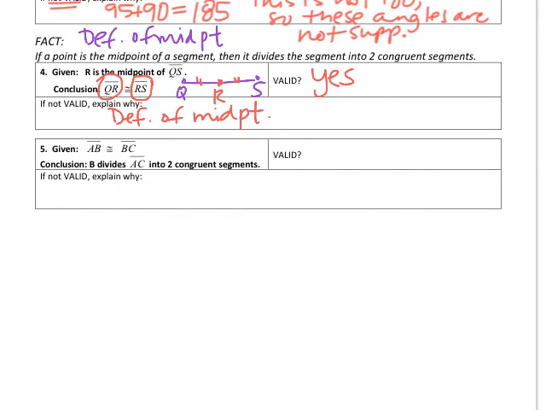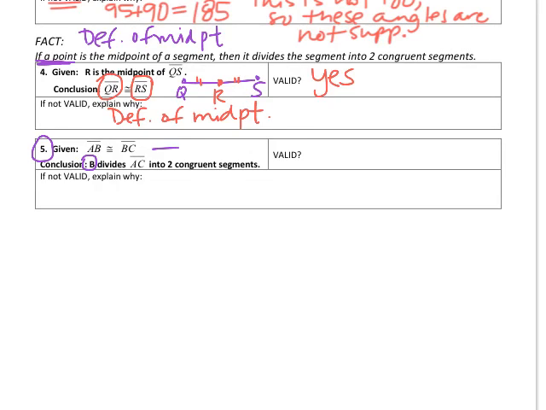And if we look at the final example here, example number 5, we're still referring back up here to this definition of midpoint. It says that segment AB is congruent to BC. So is it valid for us to assume then that point B divides AC into two congruent segments?